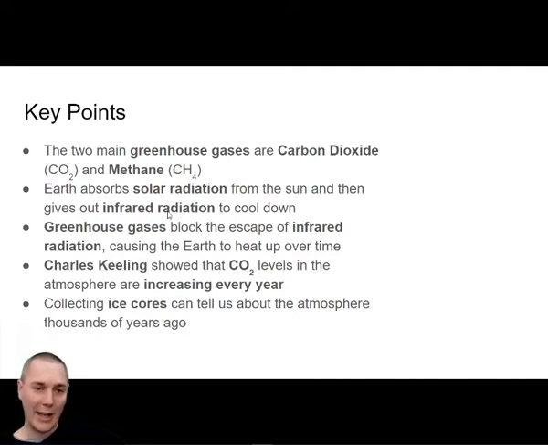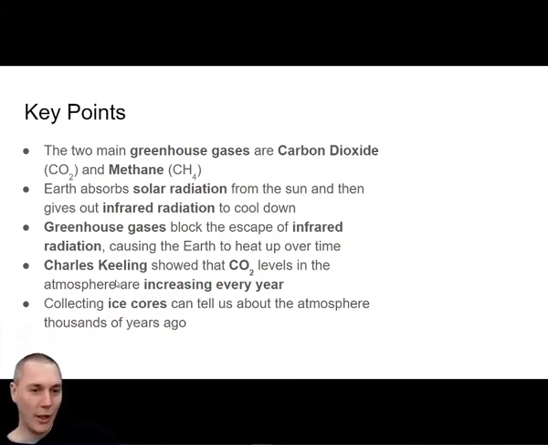The one that goes out from planet Earth to cause the Earth to cool down is called infrared radiation. So one comes in and warms the planet up, one goes out and cools the planet down. Now, greenhouse gases can block the second one, infrared radiation, which means the heat gets trapped inside, and that's called the greenhouse effect. So that's the theory behind the greenhouse effect, and that's why we think our planet is warming up right now.